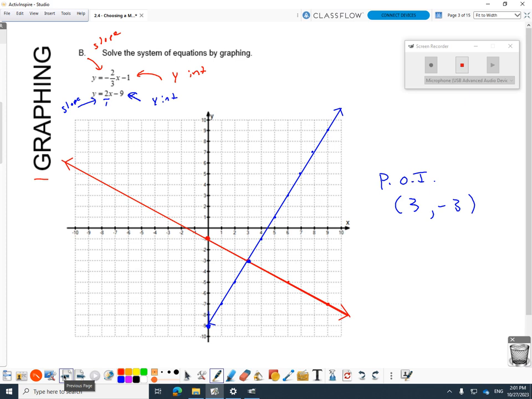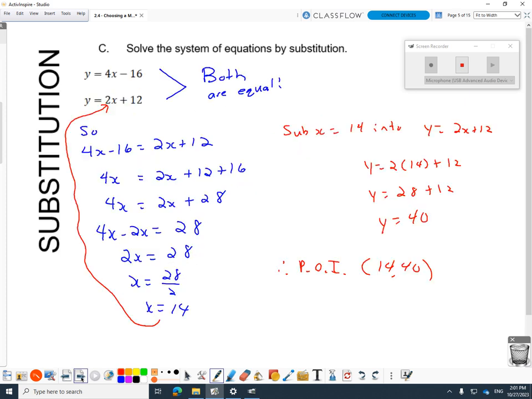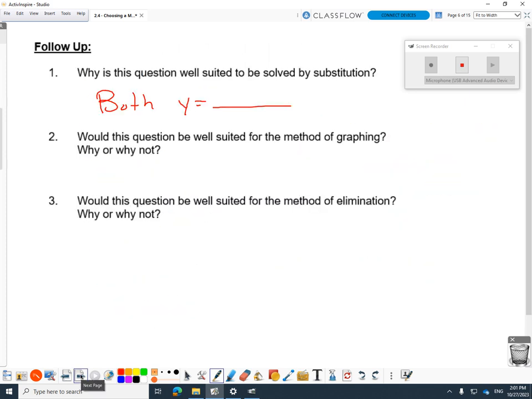Then great. Can work, but only if my graph paper was big. And otherwise, it would cause you a bit of a heartache there to try and find that.